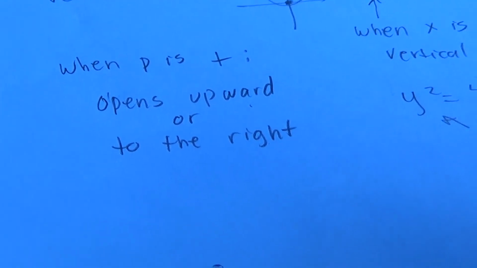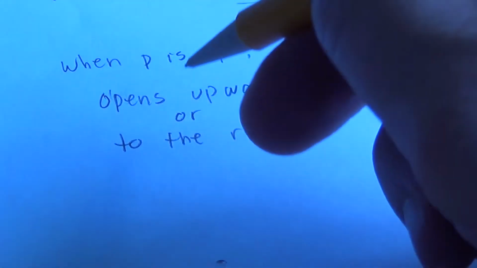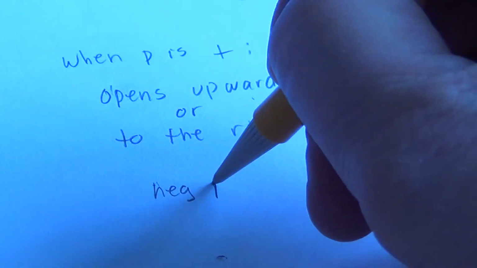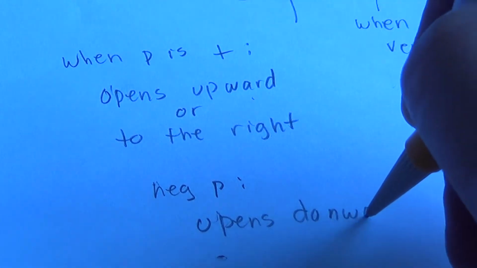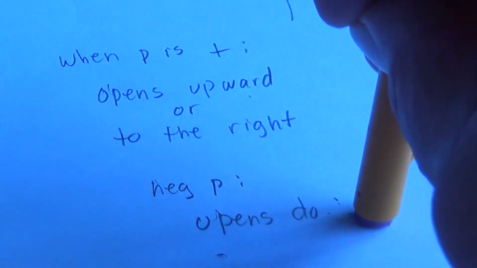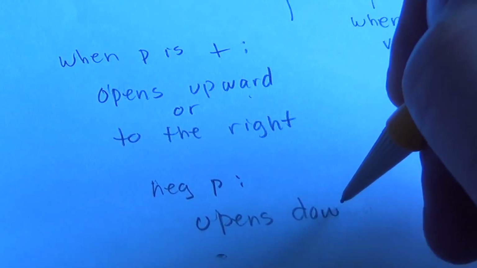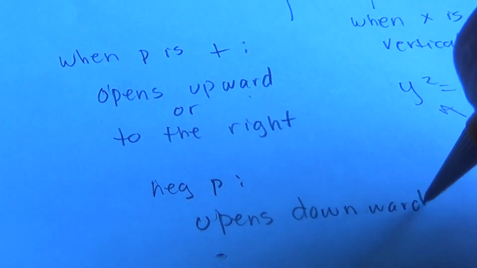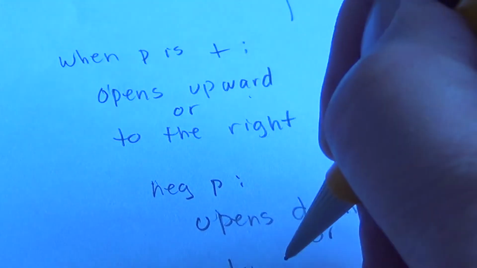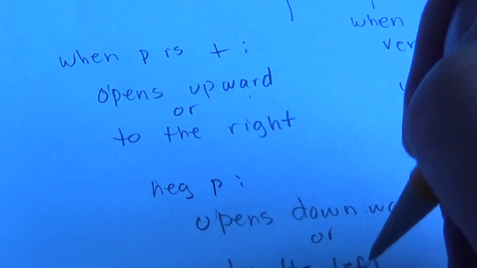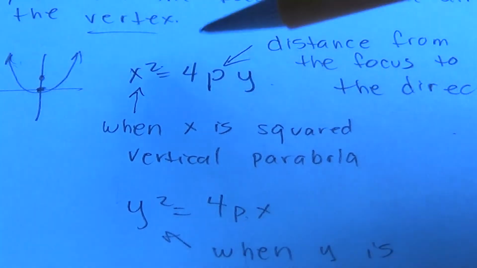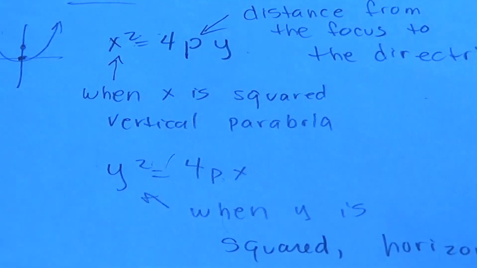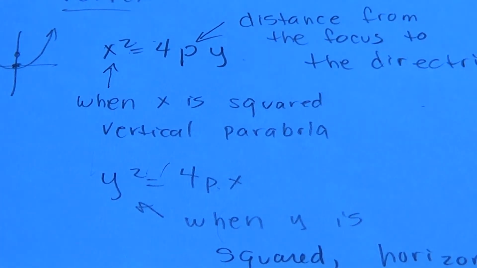When p is positive, it opens upward or to the right, and when p is negative, it opens downward or to the left. And we can tell which one it is because now we know by which term is squared what kind of parabola, opening upward or to the right, downward, or to the left, we're looking at.